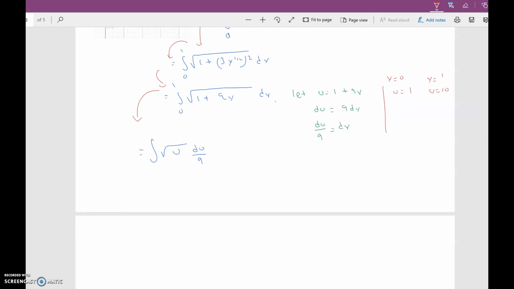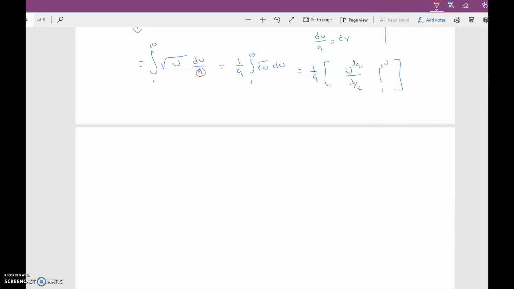So this goes from 1 to 10, and then we have the 9 here. Let me simplify it. This is 1/9 times the integral from 1 to 10 of the square root of u du, which simplifies to 1/9 times u to the 3 halves divided by 3 halves from 1 to 10.